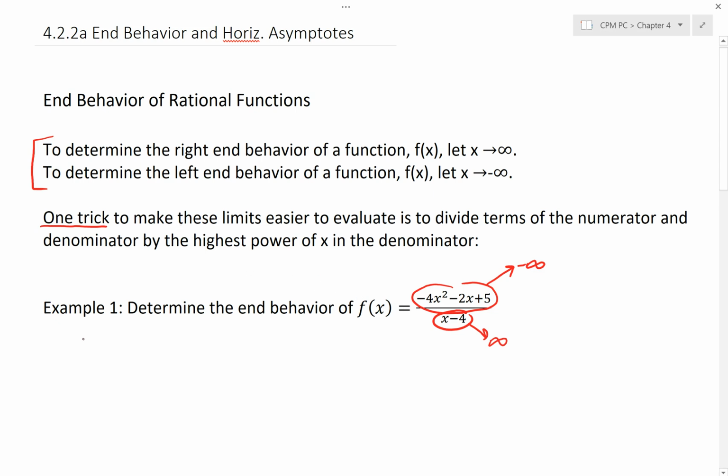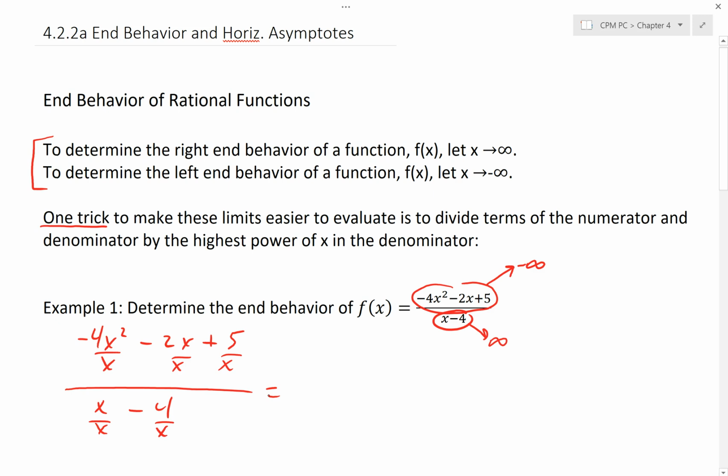So what I'm going to do is I'm going to take every term and divide by what's the highest power of x that you see in the denominator? X to the first power, right? Okay, so I'm going to divide everything by x to the first power. As long as I'm doing that to everything, that's just like multiplying by 1.